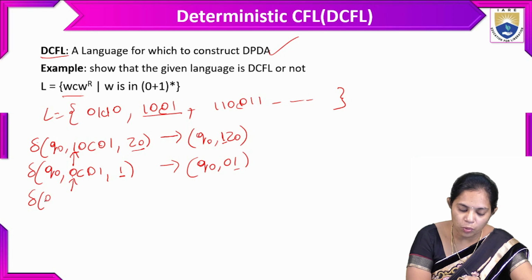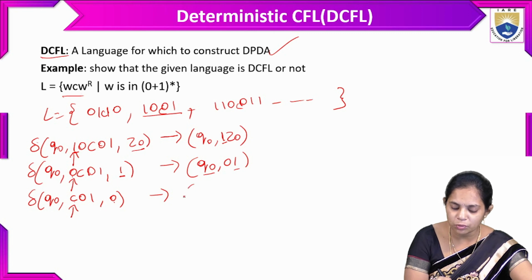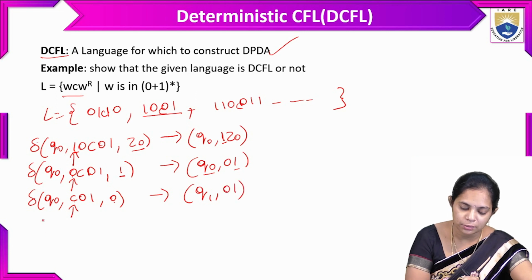And the transition from Q naught, where we are leaving Q naught: when C appears, and the top of the stack symbol is 0 now, whenever C appears in the string, whether the top is 0 or 1, we simply move to the Q1 state, with the stack still holding 0 1.